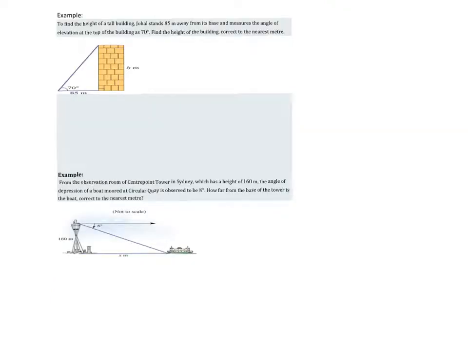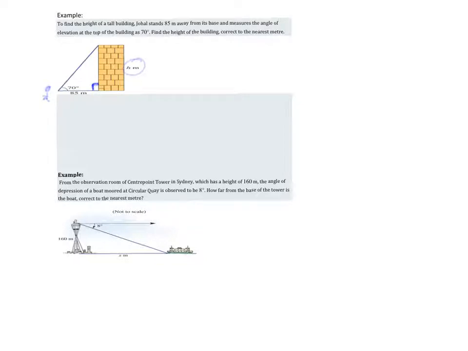So Johal is standing here, 85 metres away from a building, and he's looking up to the top of the building at an angle of elevation of 70 degrees. And we're asked to find the height of the building. So let's label that in terms of what we've got. You can see our right angle triangle there.